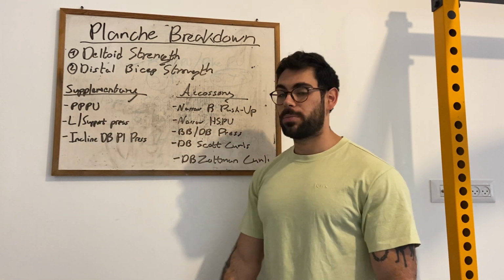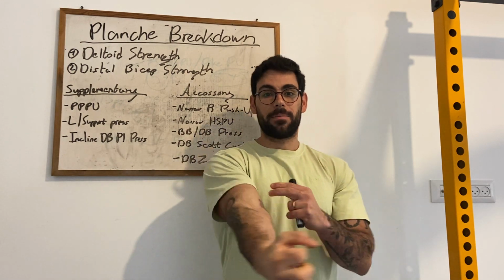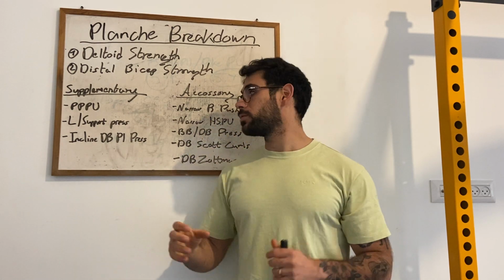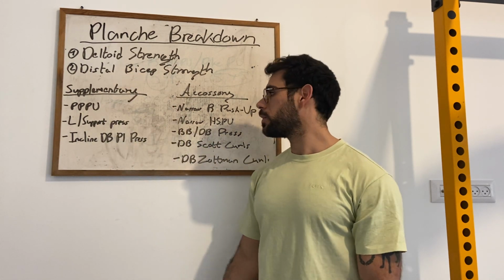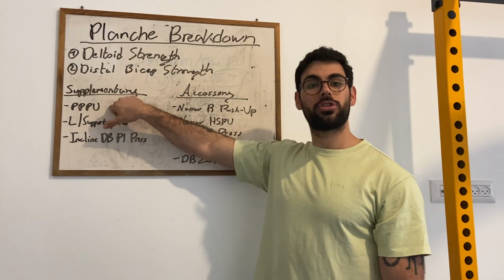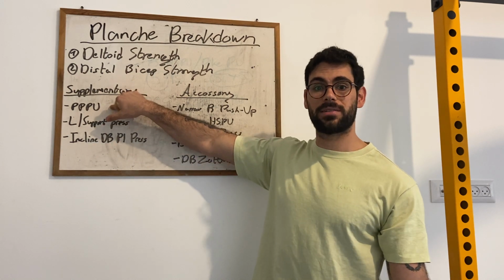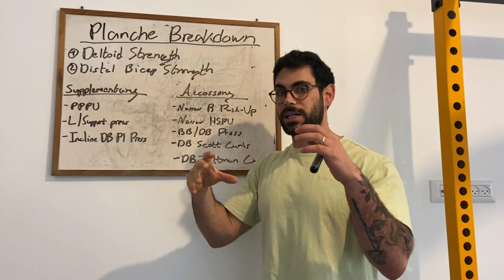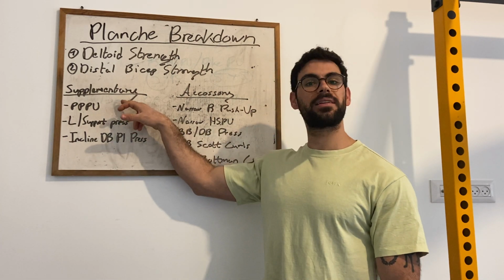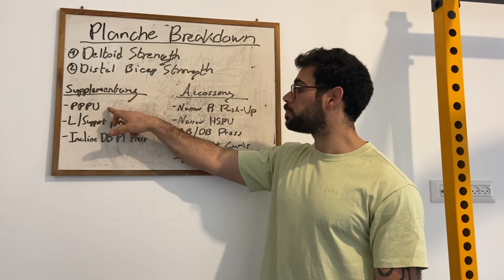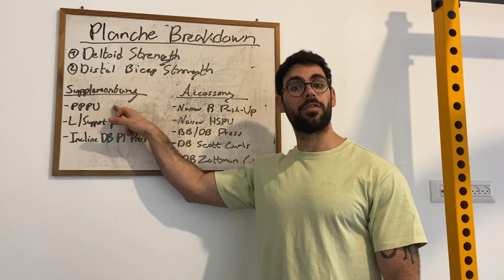Pseudo planche push-ups incorporate a bent arm part that is not in the original skill. Pseudo planche push-ups target the chest and the triceps within the pattern more than other exercises. So if those are your weaknesses, pseudo planche push-ups are great for you.